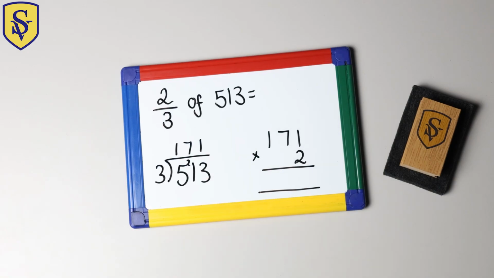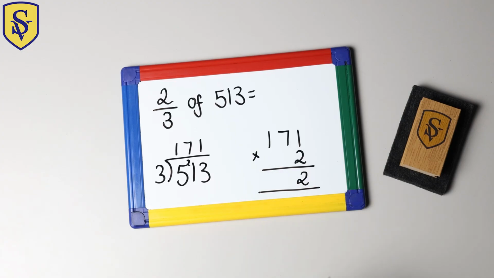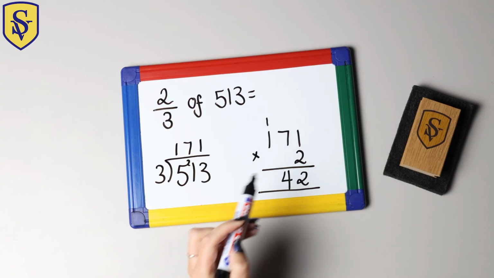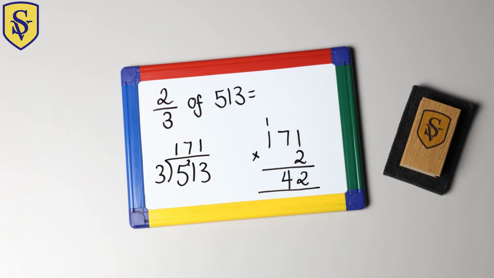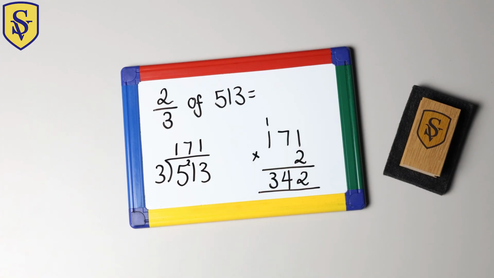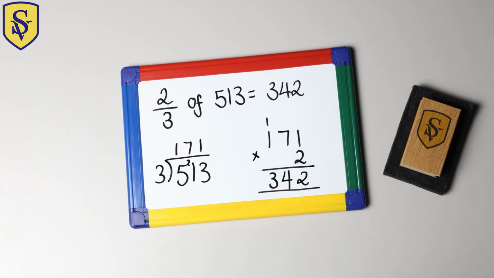So to begin with, 1 times 2 is 2. 7 times 2 is 14, so 4 at the bottom, carry the 1. 1 times 2 is 2, plus 1 is 3. So the answer to 2/3 of 513 is 342.